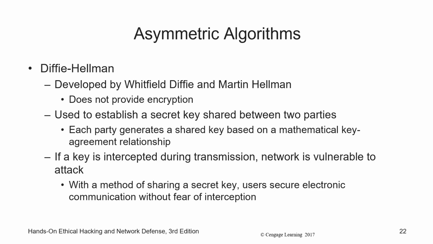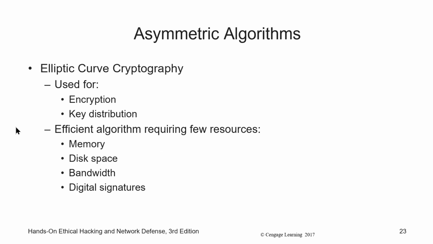Diffie-Hellman is another example. It is an algorithm that's used to establish a secret key between two parties. So each party generates a shared key under a key agreement, and they share it with each other. Now the problem again is if the key is intercepted during transmission, it throws everything out the window.